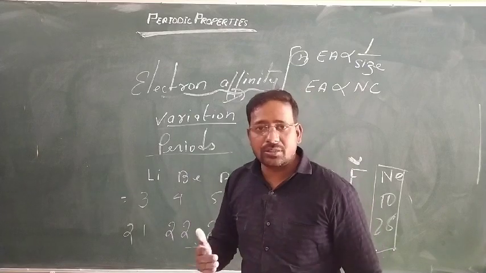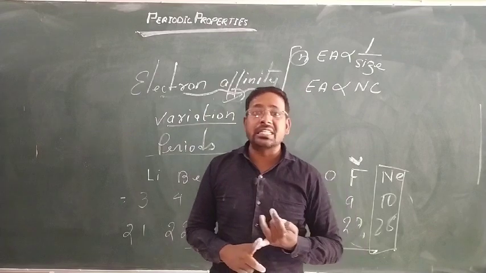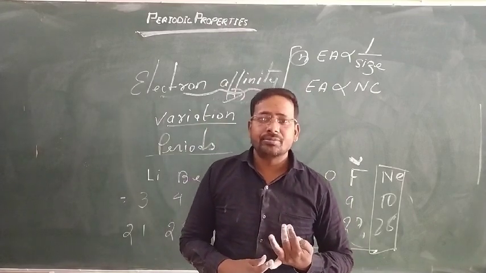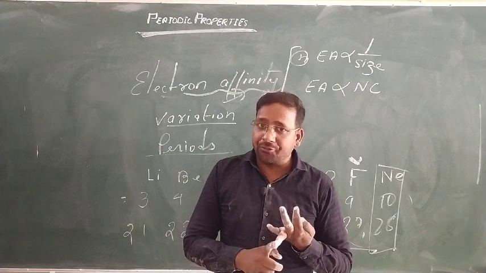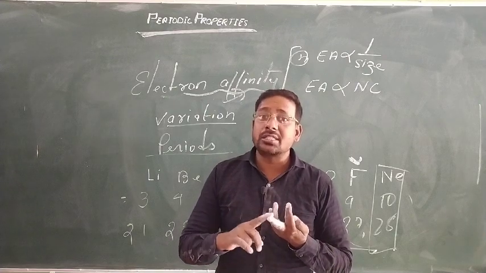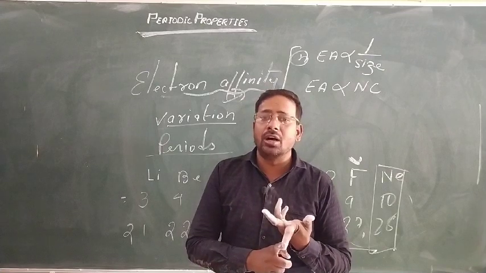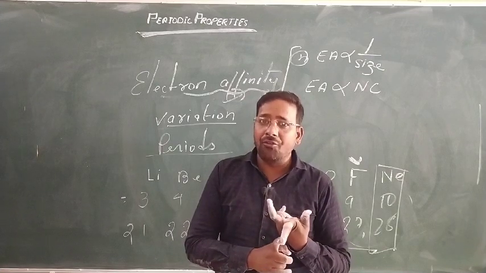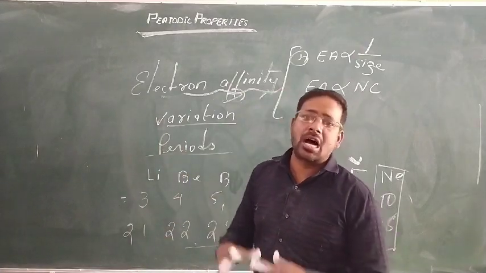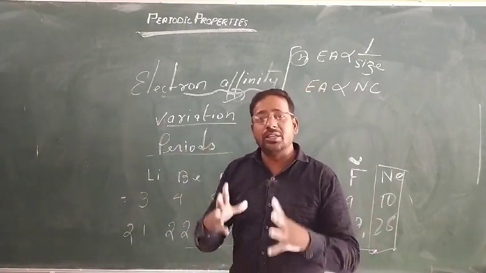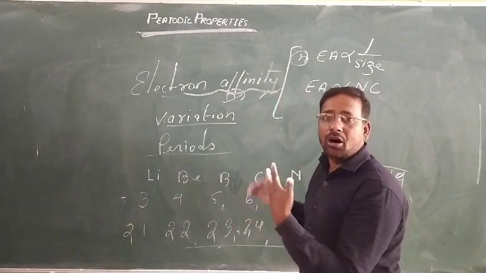So already we have discussed a few things. Screening effect means shielding effect. Electron affinity, successive electron affinity. Also we have discussed the unit of electron affinity and then the variation, and already we have discussed how size is increasing and nuclear charge decreases when we are moving in a group, and in a period, how they are varying.